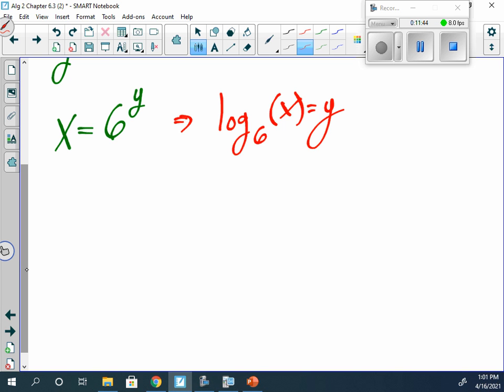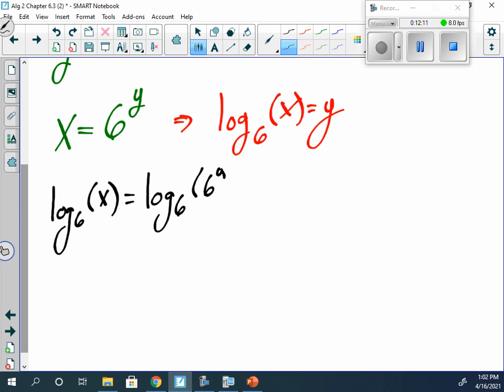Now, there's another route that we can go for this here. Whenever I have a log where the base and what's inside are the same, they simplify out. Because as we just saw, log base 6 of 6 would simplify. So what we could do is apply log base 6 to both sides of the equation.